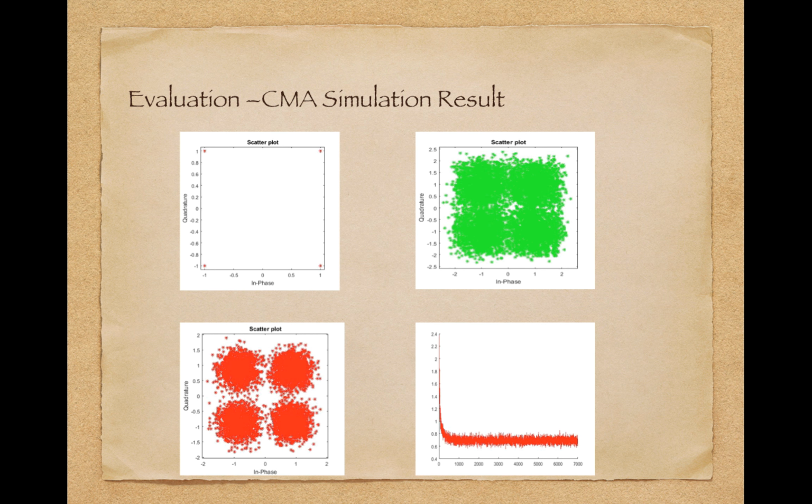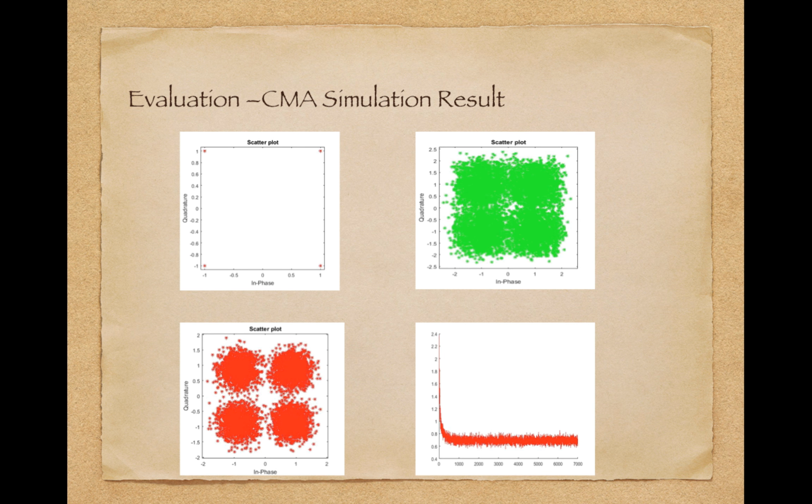Last is the CMA simulation result. The input is a modulated QAM signal. The first picture is the original input signal, and the second picture, in green, is the output signal before the CMA adaptive equalizer.